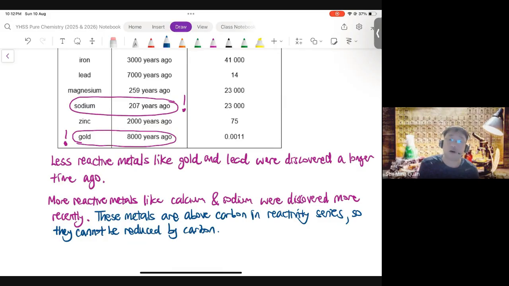So like calcium oxide cannot be reduced by carbon. Sodium oxide cannot be reduced by carbon because it's above carbon in the reactivity series.